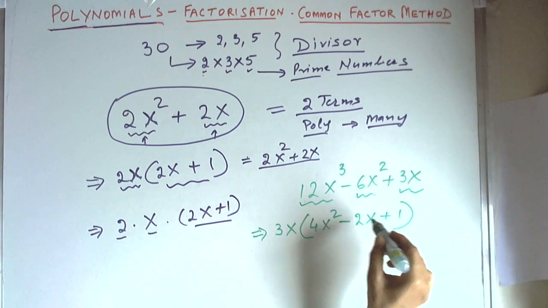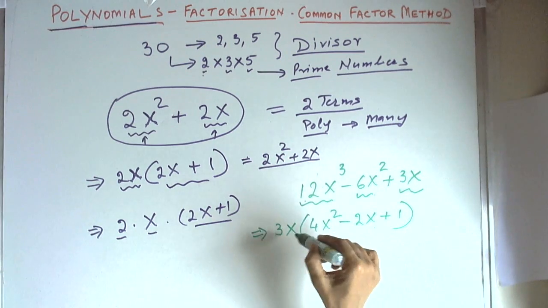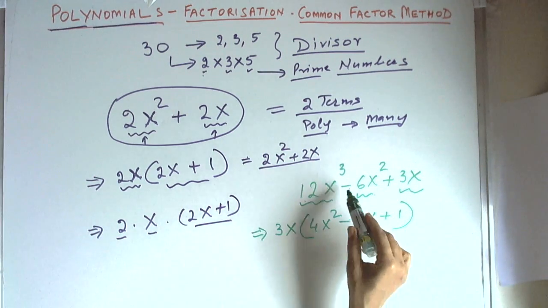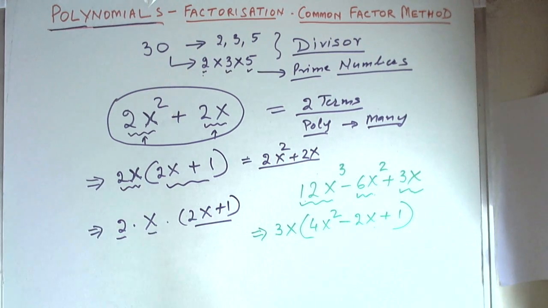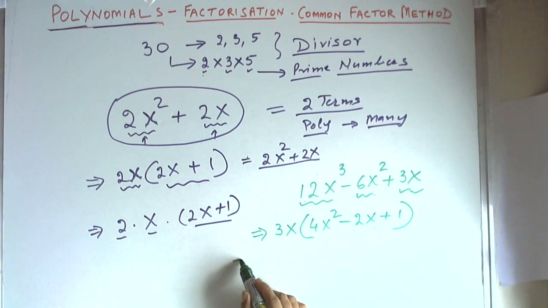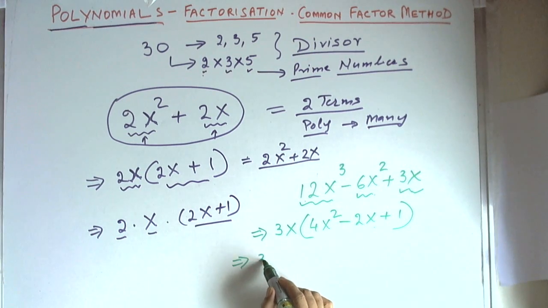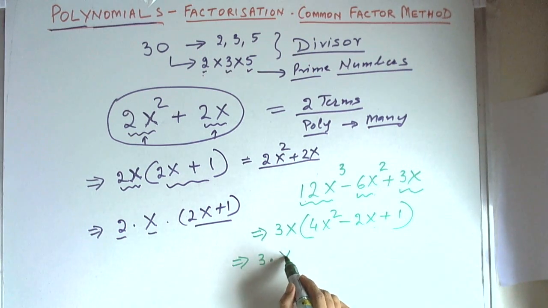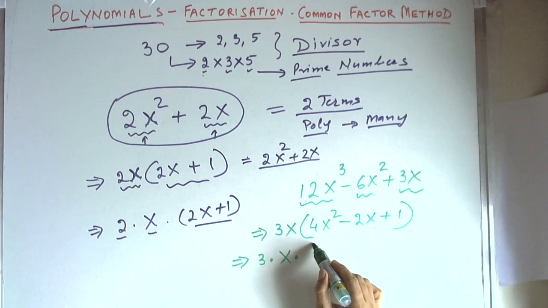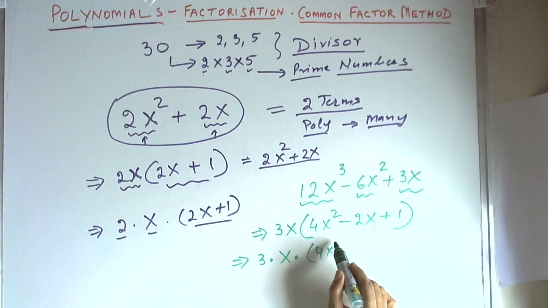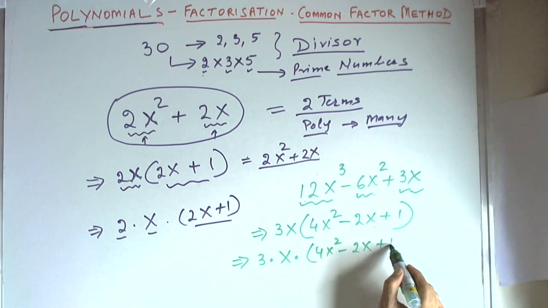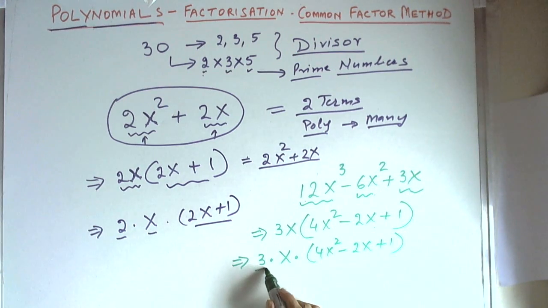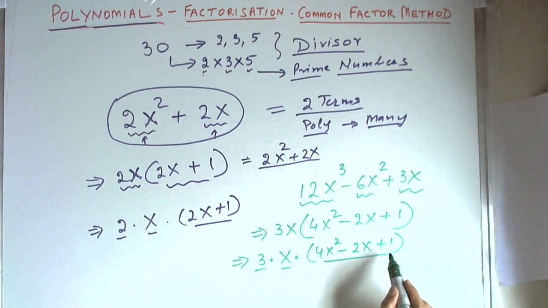Checking: 1 into 3x is 3x, 2x into 3x is 6x square, and the minus sign comes as it is, and then 3x into 4x square leads to 12x cube. Therefore the factors are 3 into x into 4x square minus 2x plus 1. So again there are three factors in this particular case.